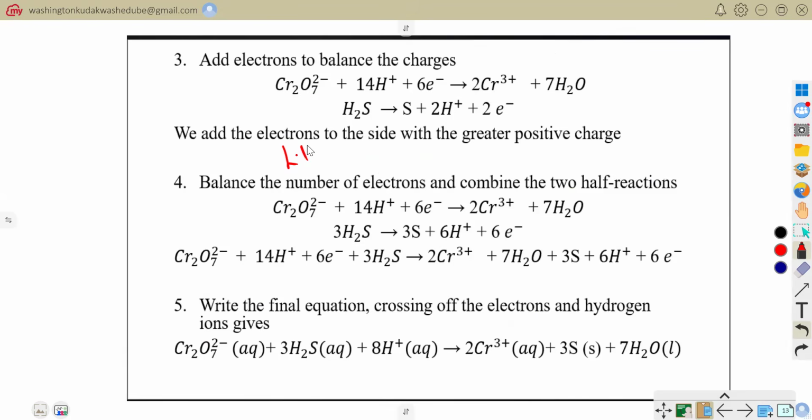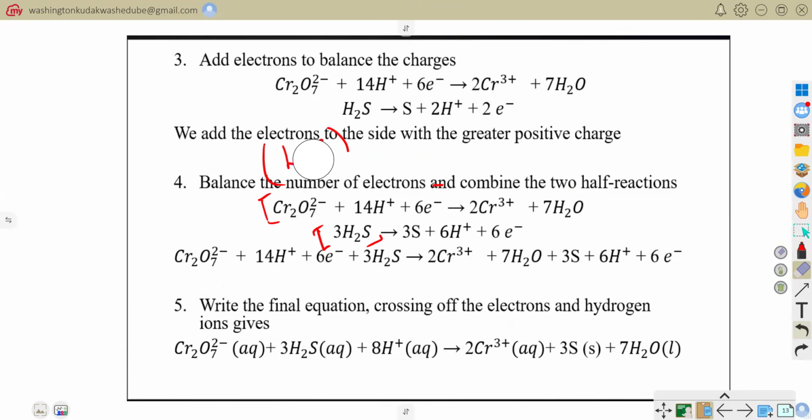Now, when we are combining, we just do the same that we have done. We take the left-hand side, all of it, we combine it. So we are going to take this left-hand side here, this left-hand side here, and then we combine it with that left-hand side. Then they become one. So chromate plus 14 hydrogen ions, and then 6 electrons. So we have this, and then it reacts with that.